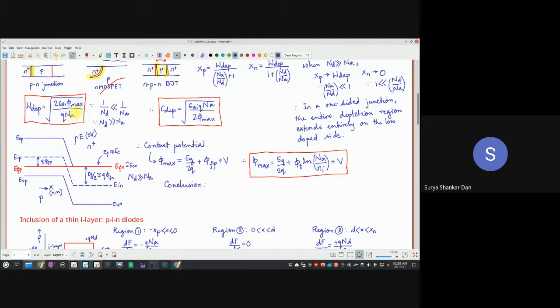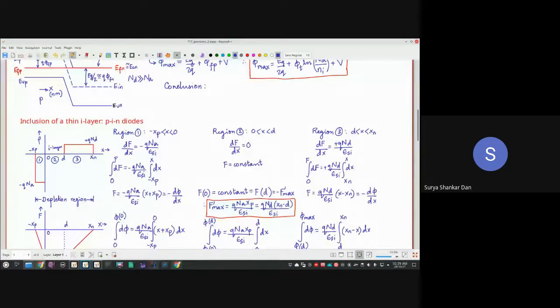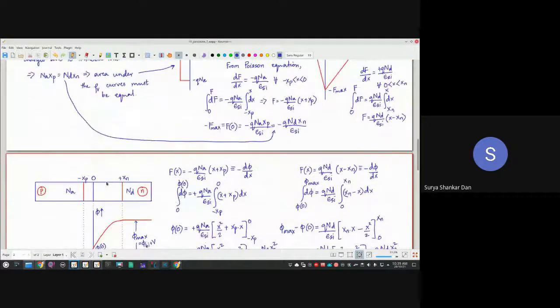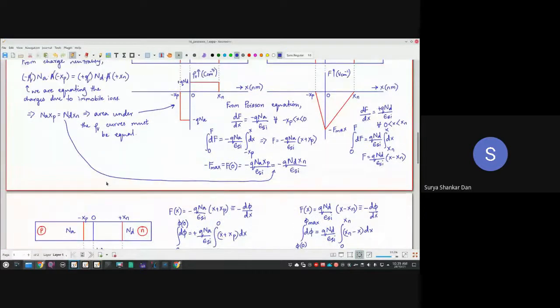Excellent. So now we have to increase the doping. What is the problem with that? Let's get back to our previous class. Notice that in the expression for the maximum field, the component is directly proportional to the doping.